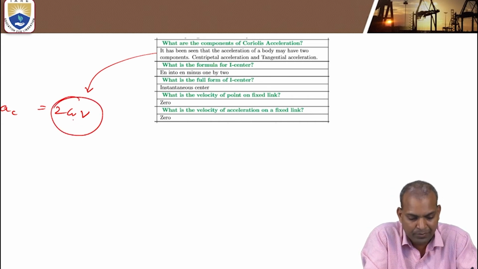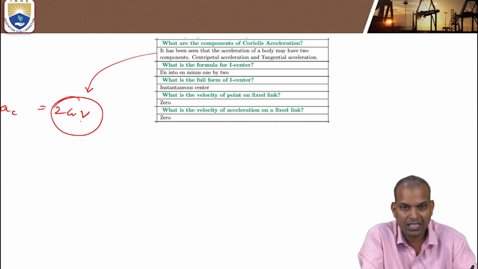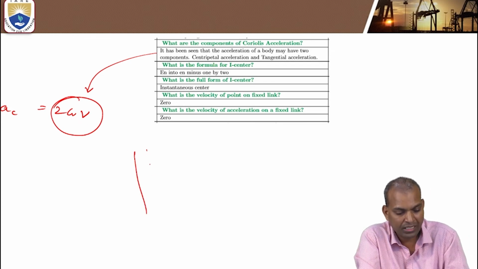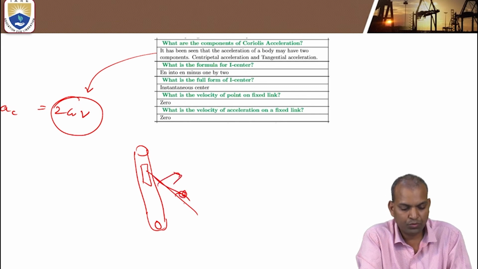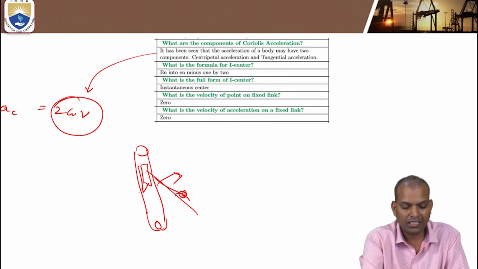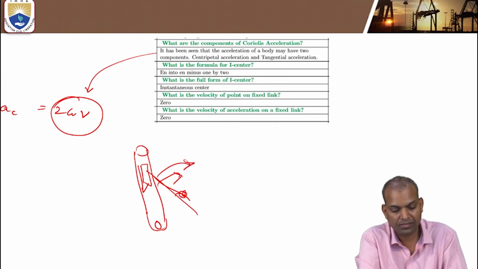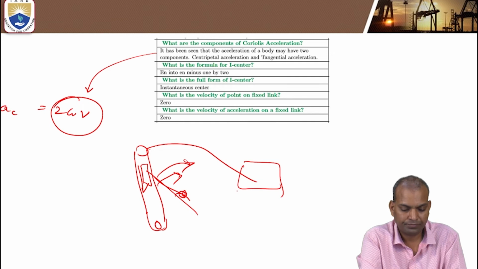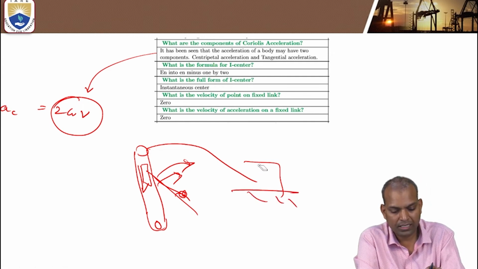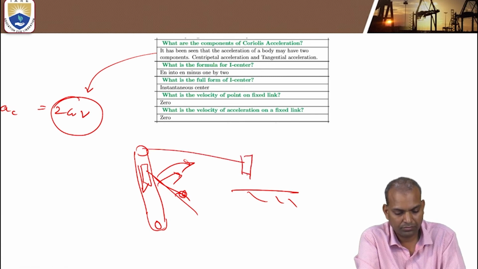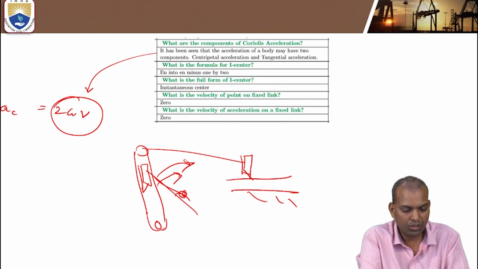So where will it take place, where will it occur? It will occur in the case of a slider crank. In the case of Whitworth quick return motion mechanism, where the slider, whatever you have, the bar, crank is here, it moves. The slider slides and at the same time it rotates. The slider slides, cutting tool and all.